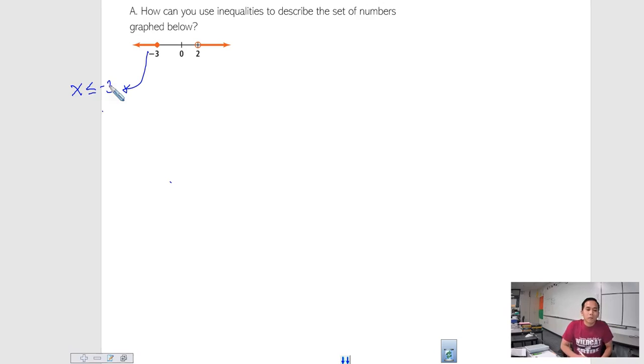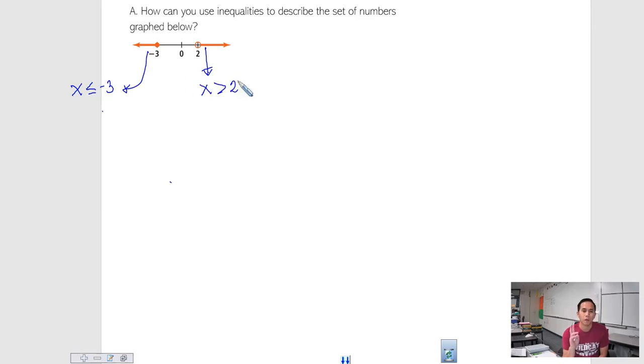On the other side of the graph, we have an open circle. Therefore, they made use of greater than or less than only. But take a look at the arrow. It points to the right. So the inequality here can be written as x is greater than 2.